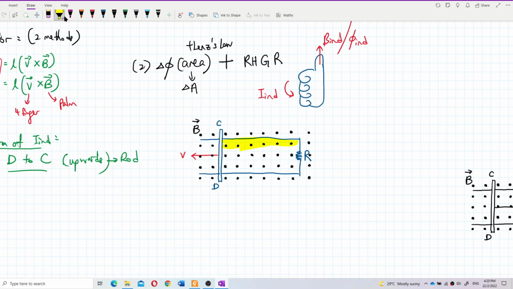This is the original area. This amount of area has the magnetic flux, because the black one is the original magnetic field. Understand? Magnetic flux.